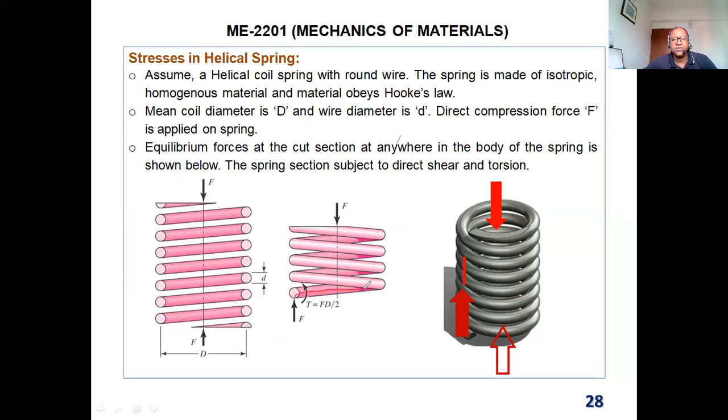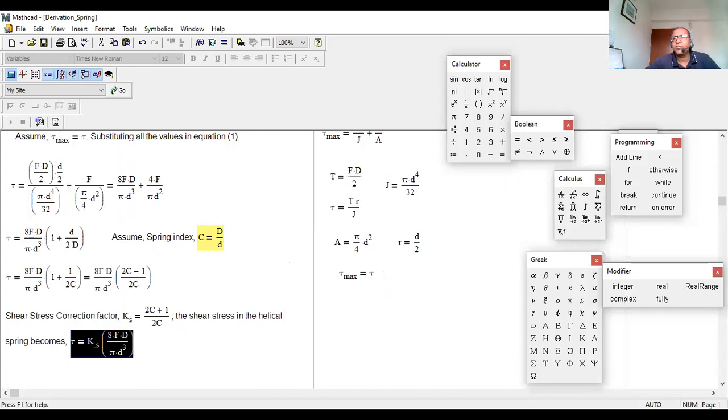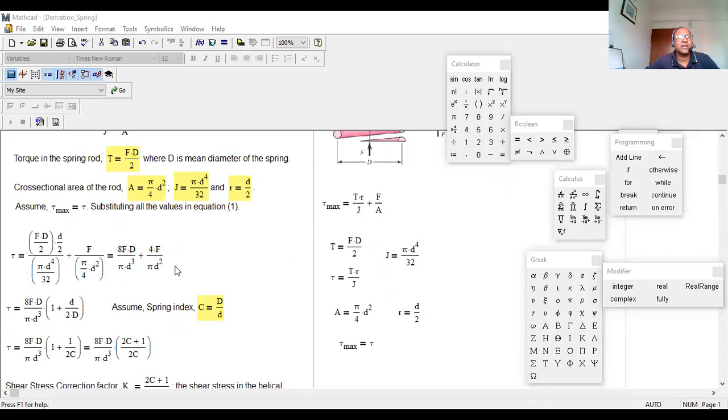At least this portion of the wire is not straight, it is curved. But we are applying the torsional formula on a curved bar.